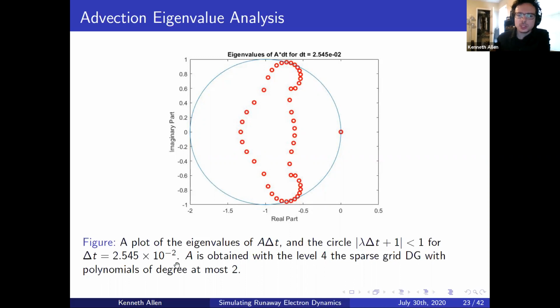But we need to choose delta t to be at most 2.54 times 10 to the -2. This is the critical time step, such that we can scale all of our eigenvalues down into this circle, where the magnitude of lambda delta t plus 1 is less than or equal to 1.